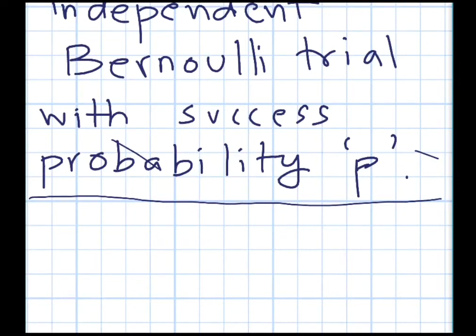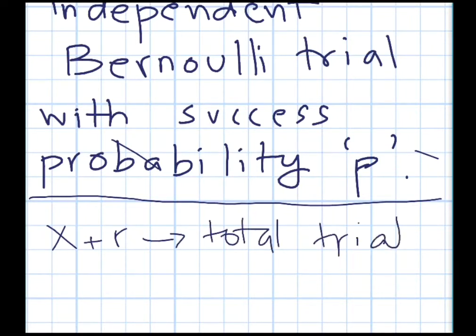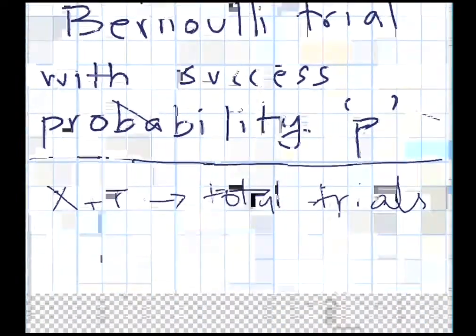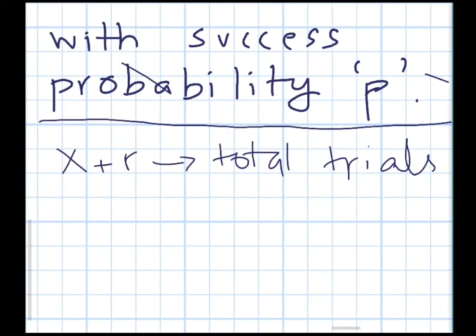Note that if we have x failures and r successes, the total number of trials is x plus r. Now we want our rth success in the last trial. So let's talk about the other trials excluding the last one.